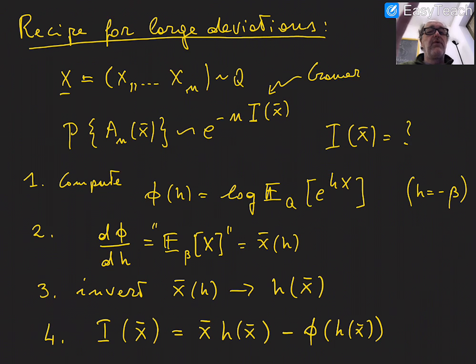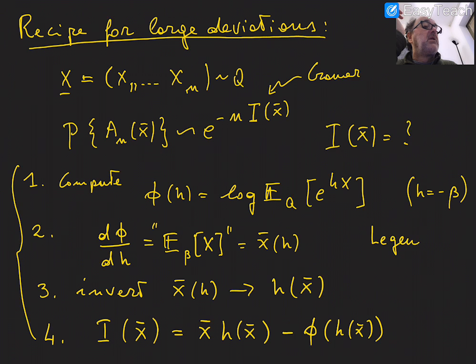Okay, so the steps that we have been doing before can essentially be summarized in these 4 steps, and these 4 steps are what one calls a Legendre transform.